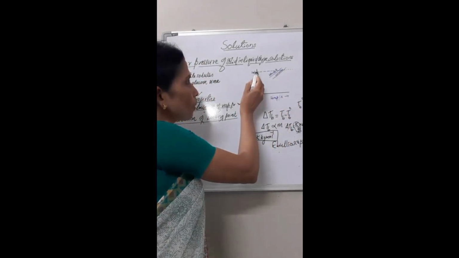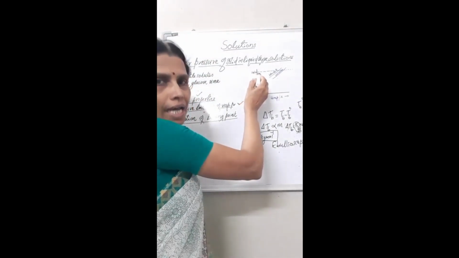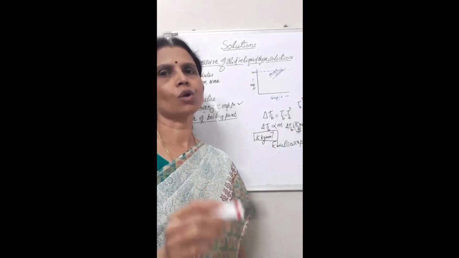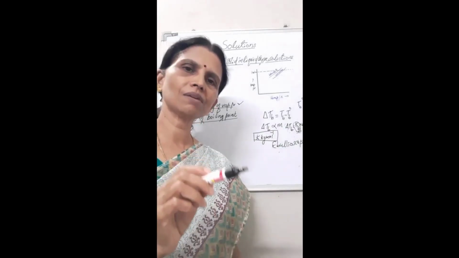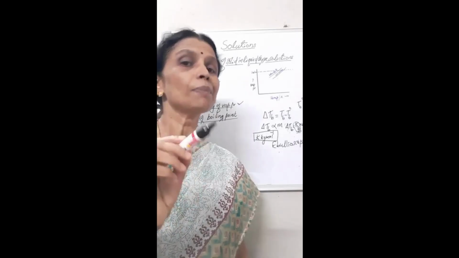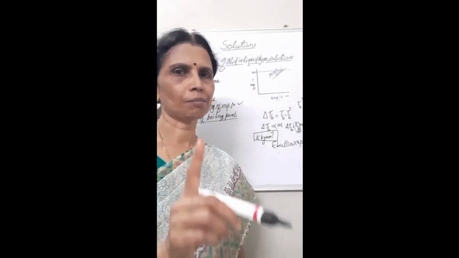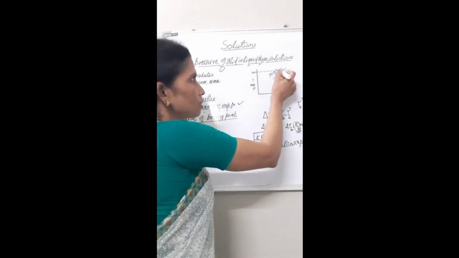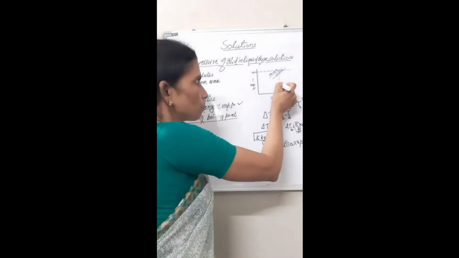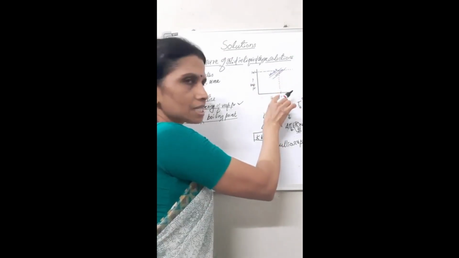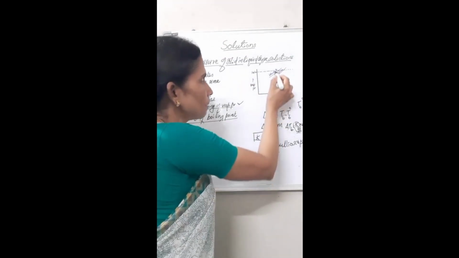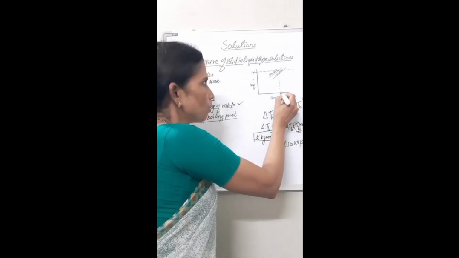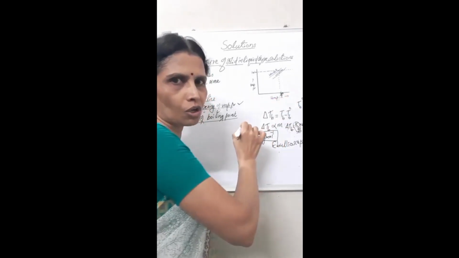And this point stands for 1 atmospheric pressure. The normal boiling point is the temperature at which vapor pressure becomes equal to 1 atmosphere. So when the vapor pressure becomes 1 atmosphere, we can find the corresponding temperature from the temperature axis, and that means at this temperature the solvent boils, so this will be the boiling point of the pure solvent.